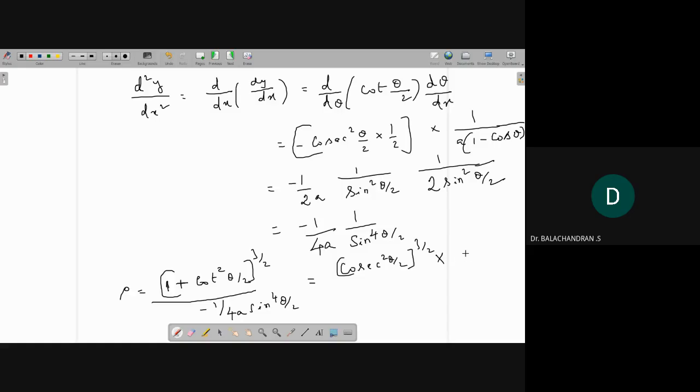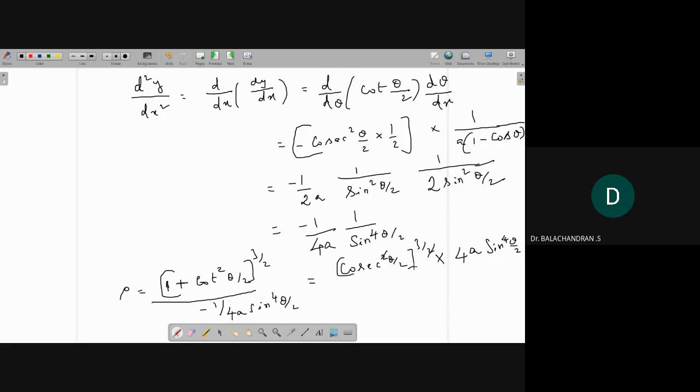It's a reciprocal. So 4a into sine power 4 theta by 2, and cosecant cube theta by 2. Okay, now if we simplify, 2 gets cancelled.